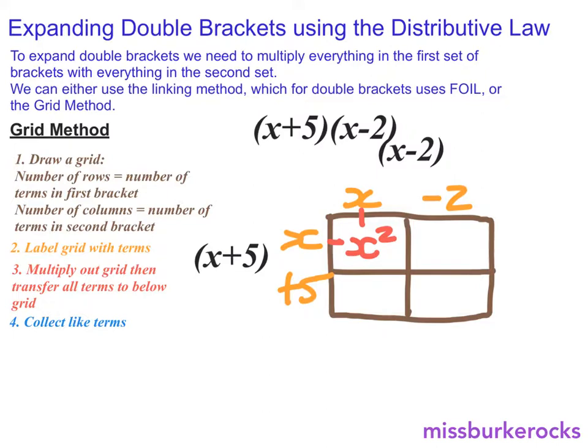Then we have x times negative 2, which is negative 2x. Then we have 5 times x, so I know that's positive 5x. And in our last one, we have 5 times negative 2, which is negative 10.